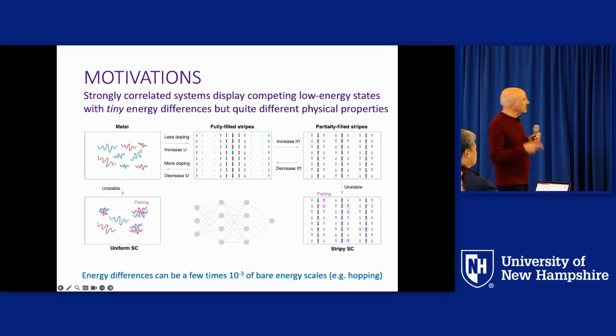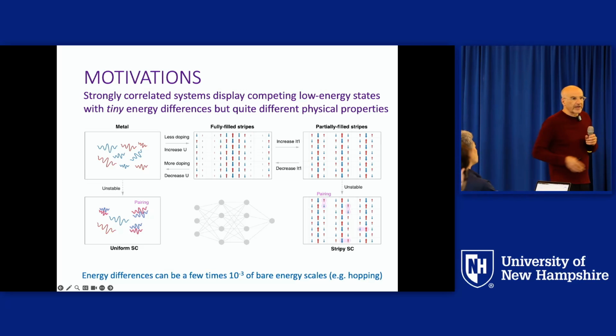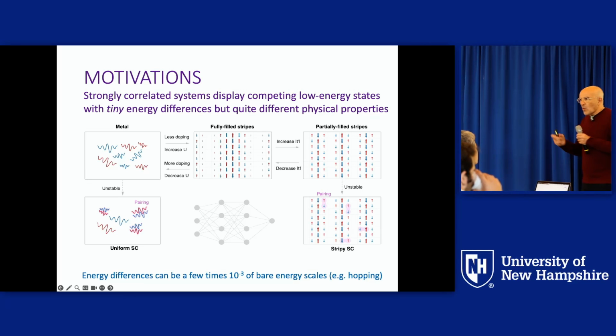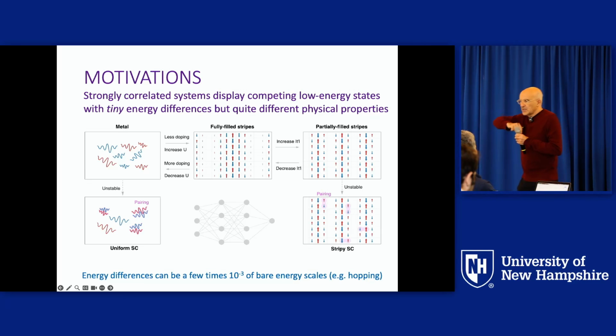It doesn't always need to be like that, but this is the canonical stripe phase that you find in the Hubbard model at 1/8 doping and strong coupling, let's say U over t equal 8. This is an insulating state because we have one hole per site in the stripe. And what you want to understand is what happens when you perturb this state.